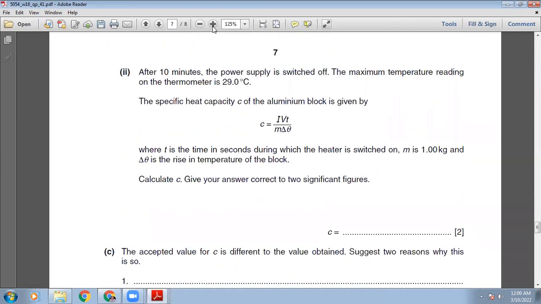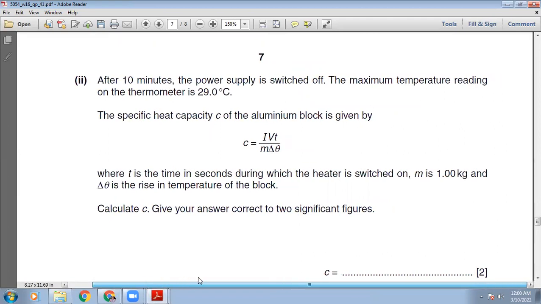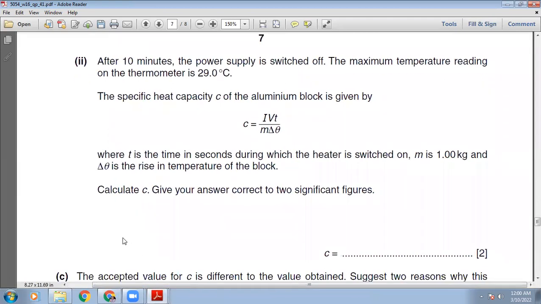He says, after 10 minutes, the power supply is switched off. The maximum temperature reading on the thermometer is 29 degrees centigrade.